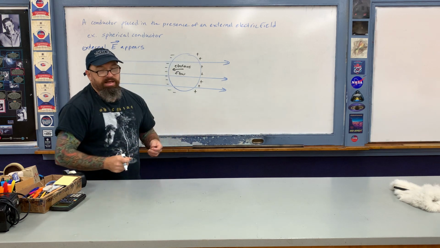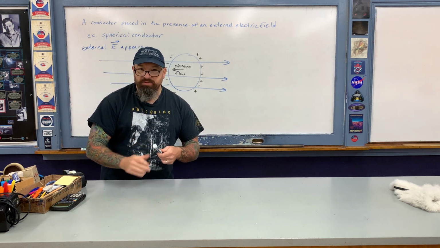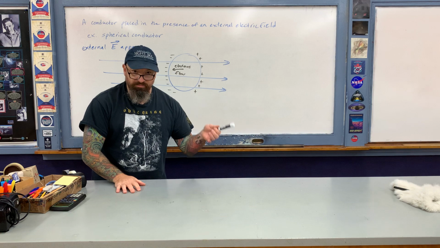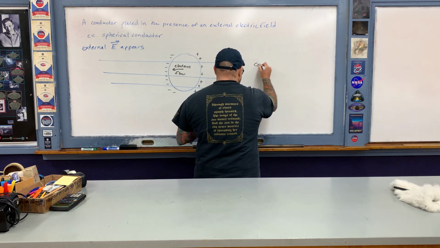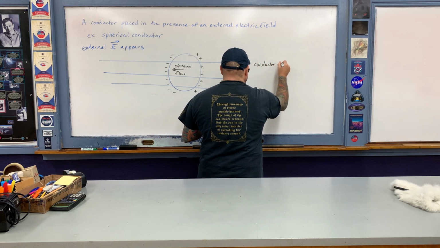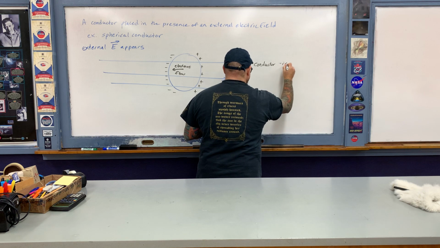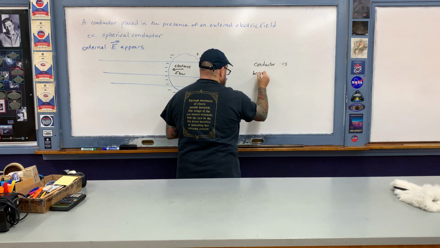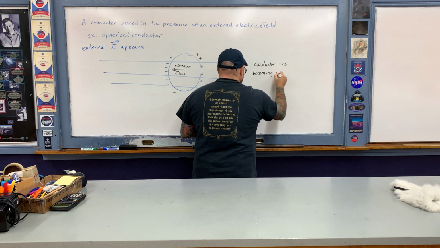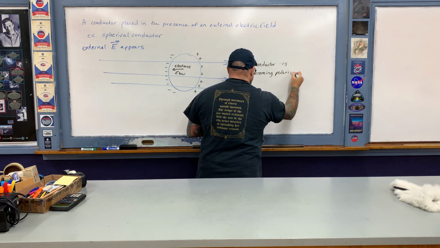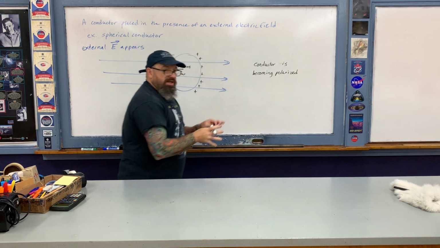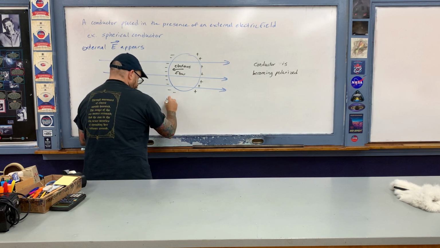As I begin to draw this diagram, now you can see the beginnings of how the piece of metal starts to become polarized. So the conductor is becoming polarized. All of this is taking place in a very short period of time.